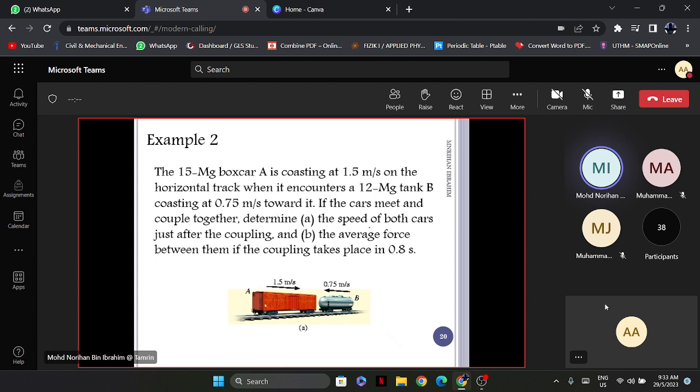If the cars meet and couple together, it means one moves to the rightward, the other moves to the leftward, and at the end they come together. No collision occurs at the meeting of box car A and tank B. If the cars meet and couple together, it means after meeting, they are coupled together. They stick.